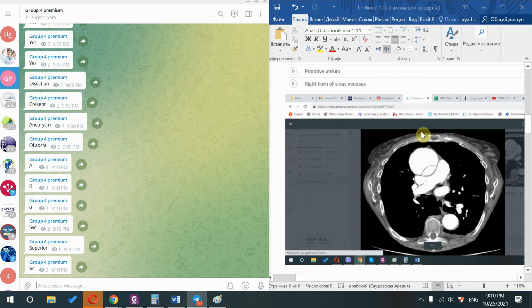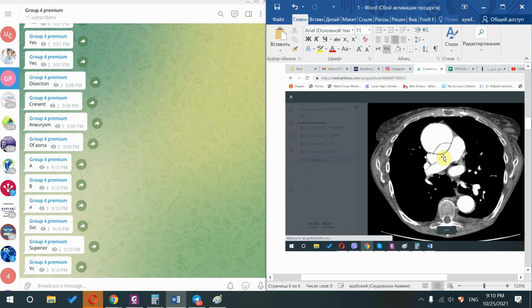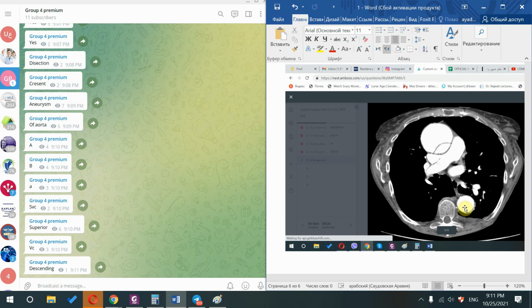So you can see this picture. I just want you to know a few things. This is the ascending aorta, but what is this one? Nobody write vena cava, it's wrong about this one. What do you think, guys? Count to 5.